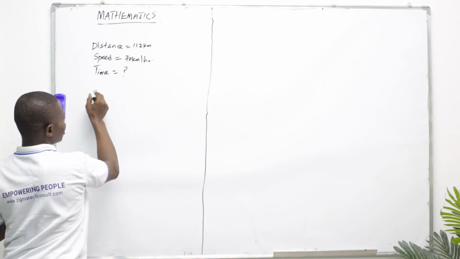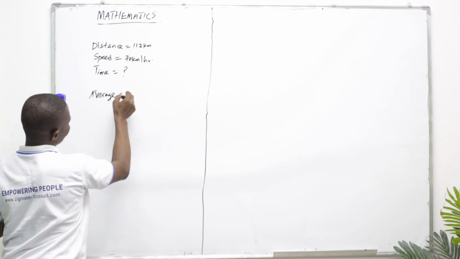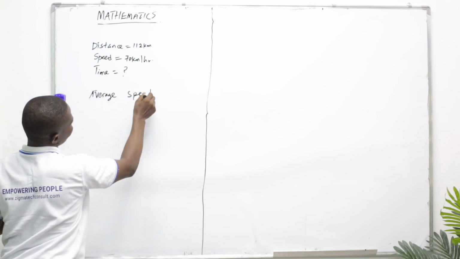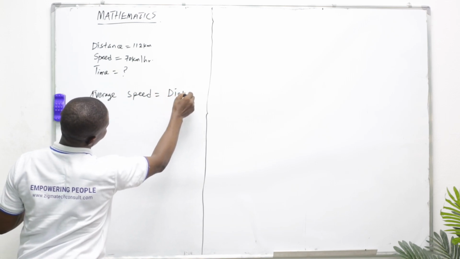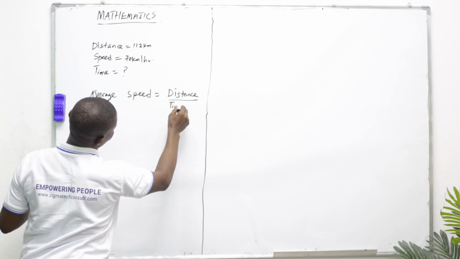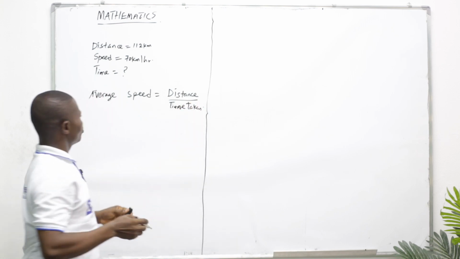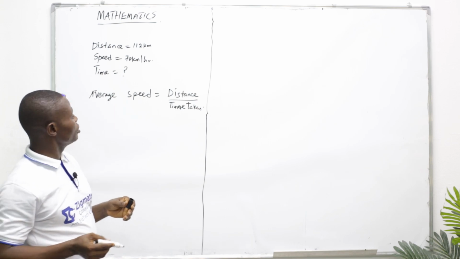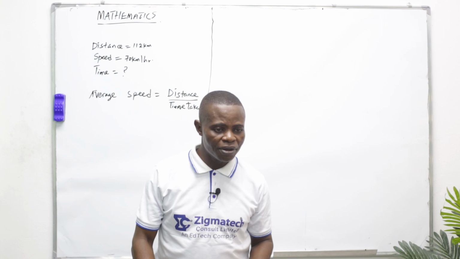But all you know is that average speed equals distance all over time taken. When you have this, you can see the relationship with the question given here.